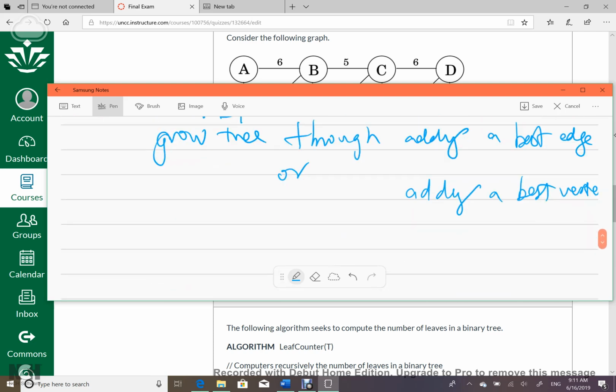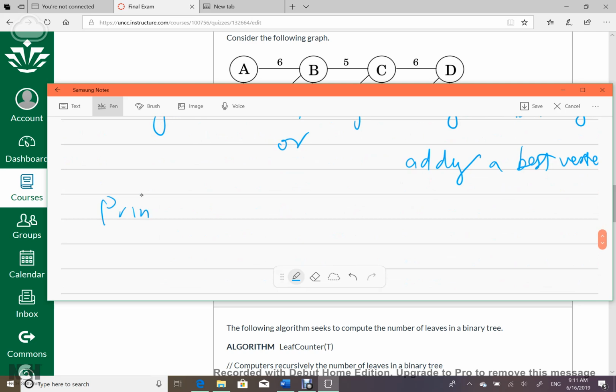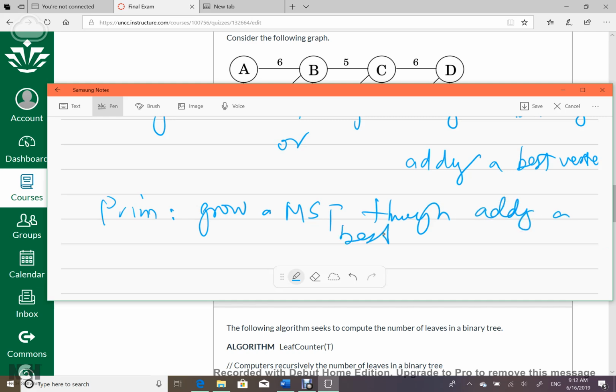Prim method emphasizes growing a minimum spanning tree through adding a best vertex.